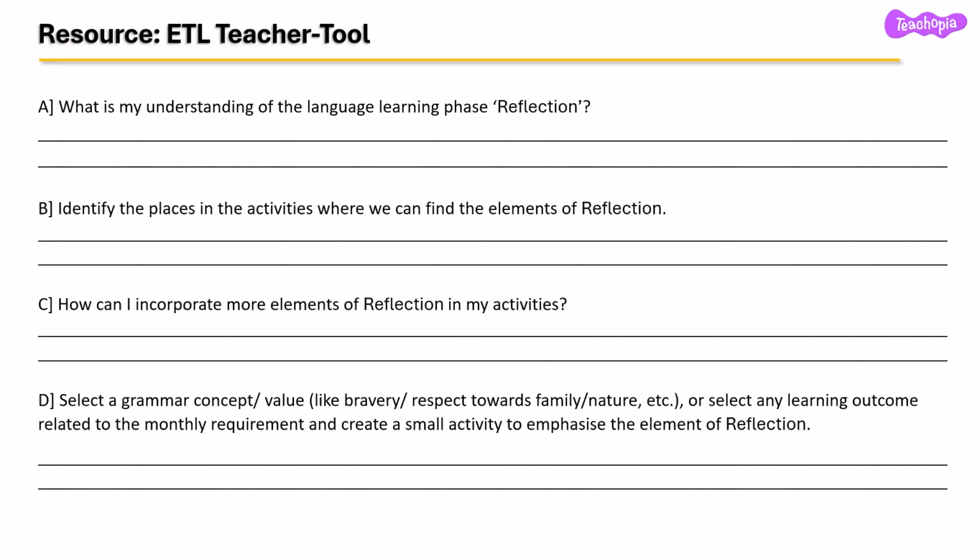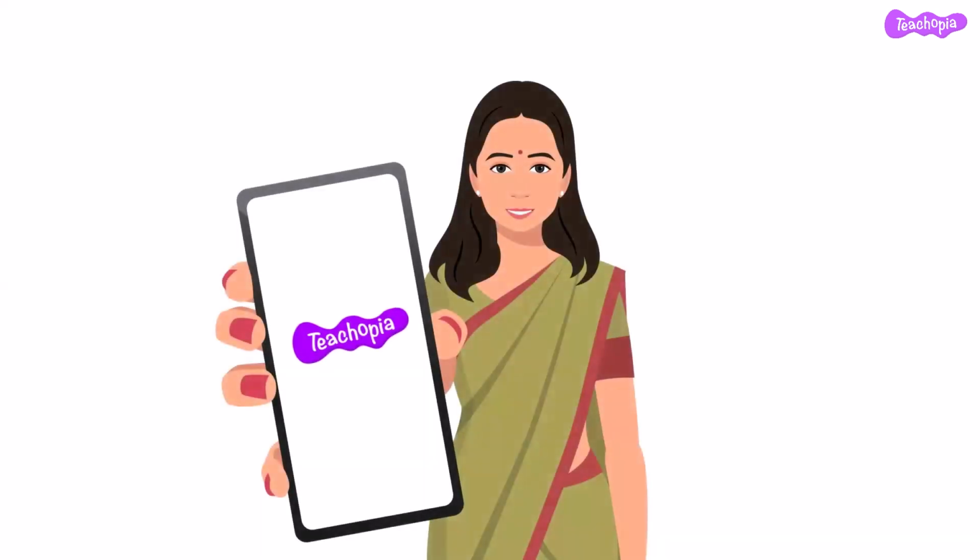As you can see, teachers, these questions require you to think about the activities that you have executed in your class, and reflect about them to understand what it is that you have understood about using reflection in those activities. So think about the questions and you can plan your classroom transactions accordingly.